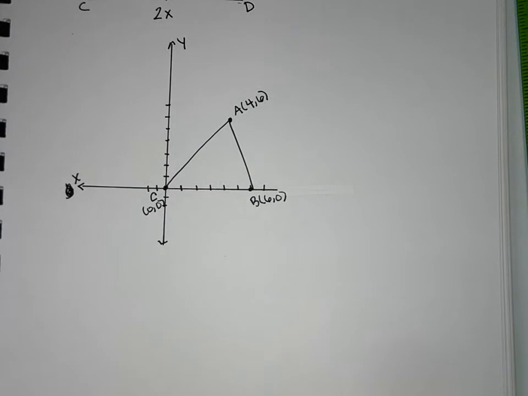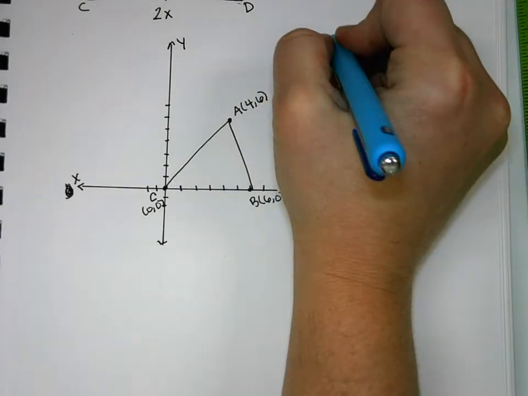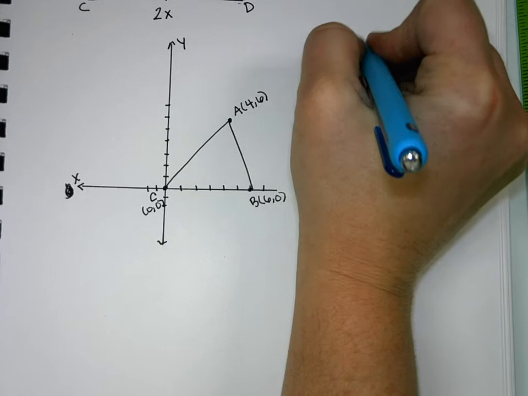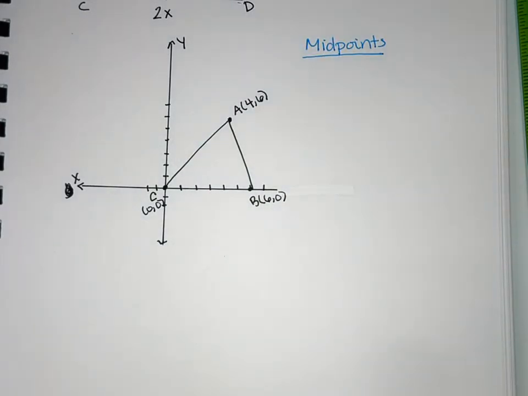So one of the things that we know about a midsegment is that a midsegment connects two midpoints. So that's going to be the first thing we find, is we're going to go over how to find midpoints. You guys have learned in the past a formula for midpoints. Does anybody remember it?